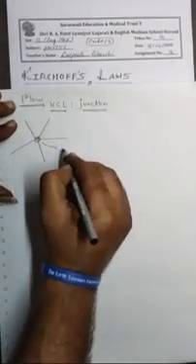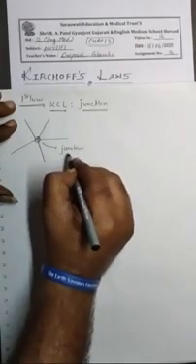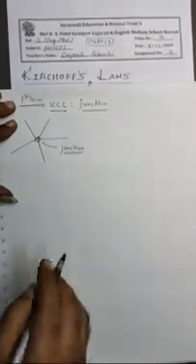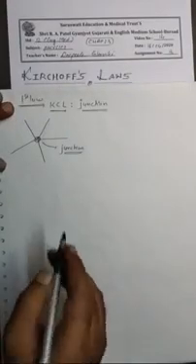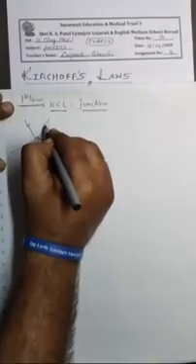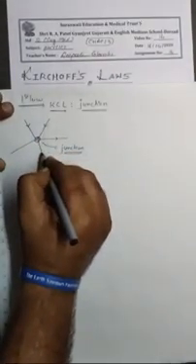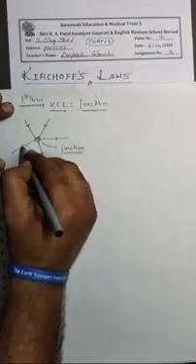This is known as a junction. Consider electric current is entering or coming out of the junction.